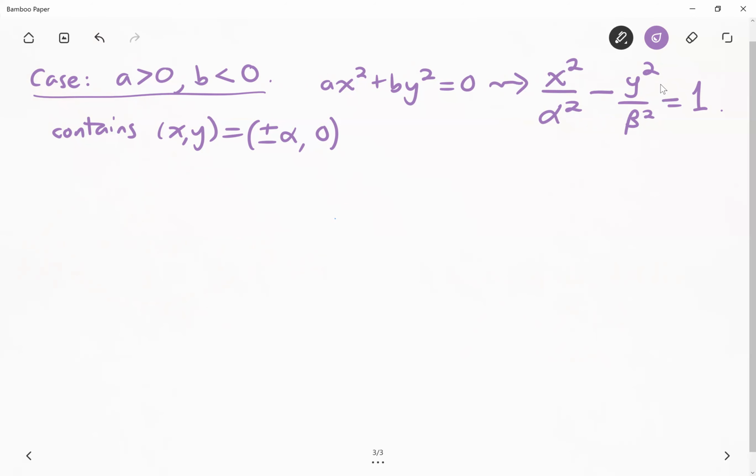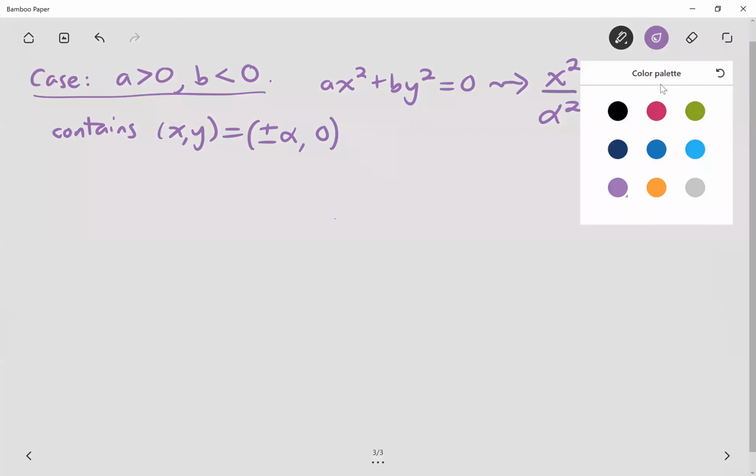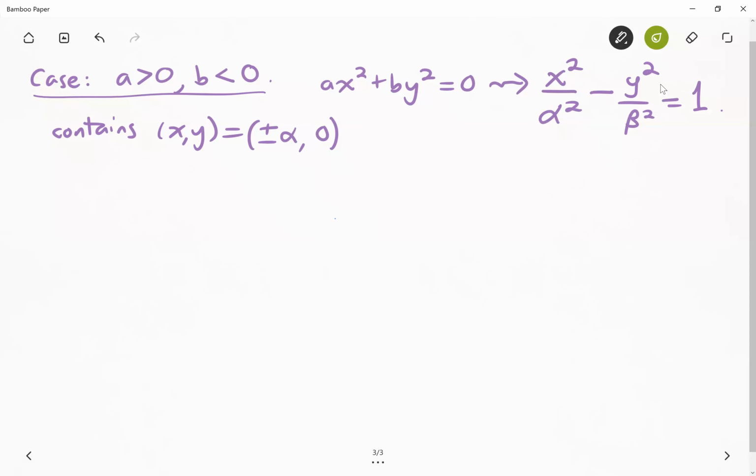So how do we get an idea as to what this function looks like? Well, the idea here is we're going to try to take this equation and solve the equation for y. All right, so I'll start off.